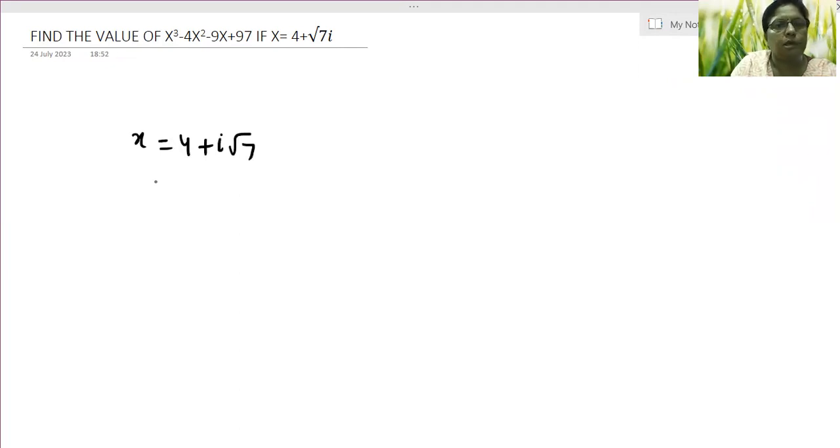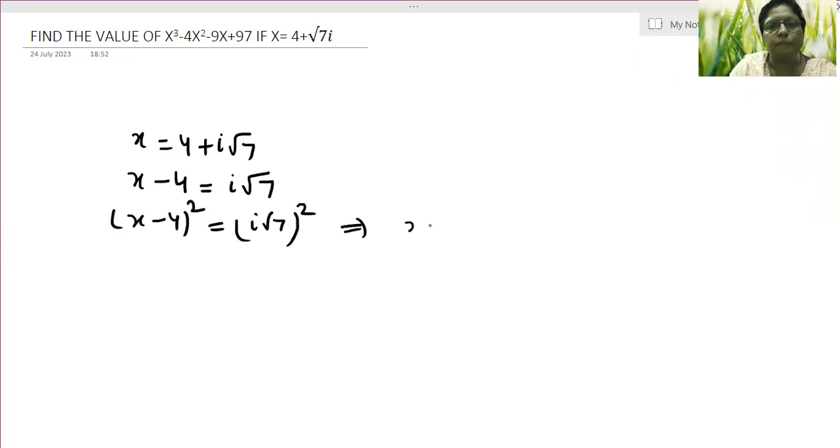So from here you can find x minus 4 is equal to i root 7. On squaring both sides, x minus 4 whole square is i root 7 whole square. Apply the identity: x square minus 8x plus 16 is equal to 7 i square.